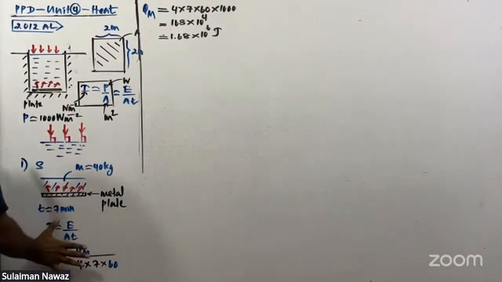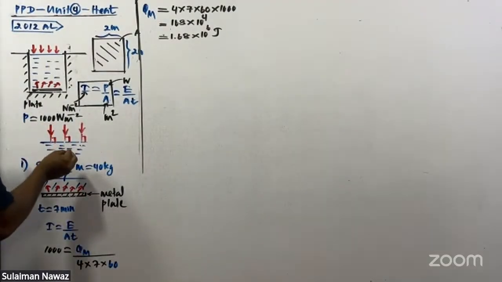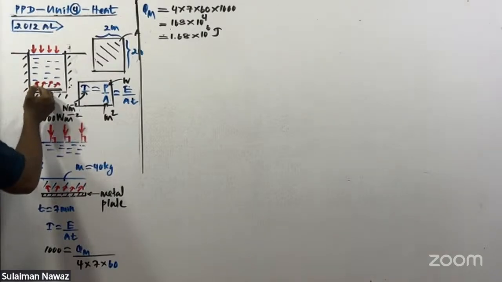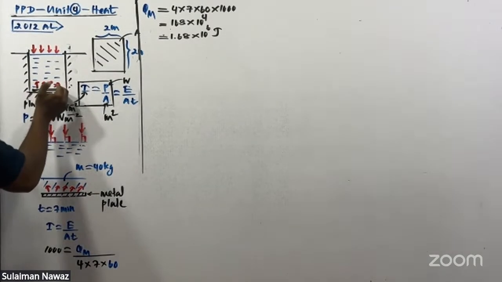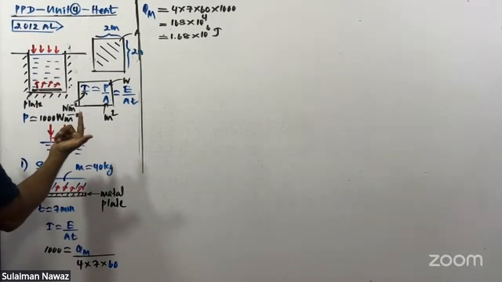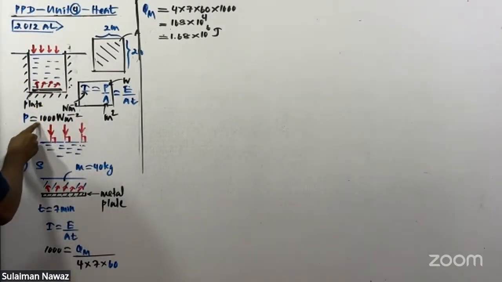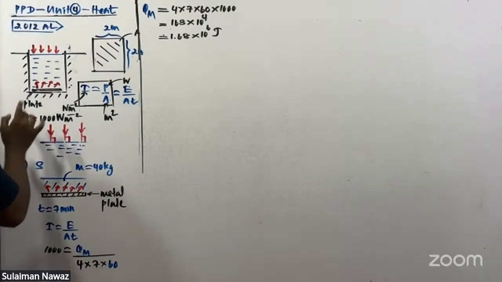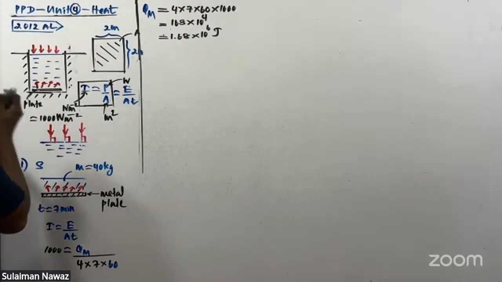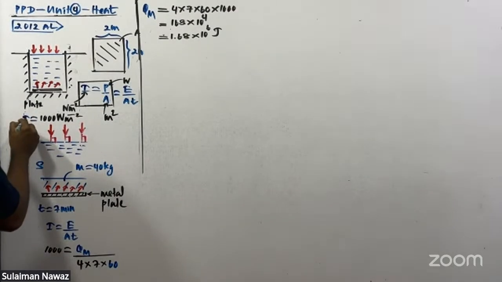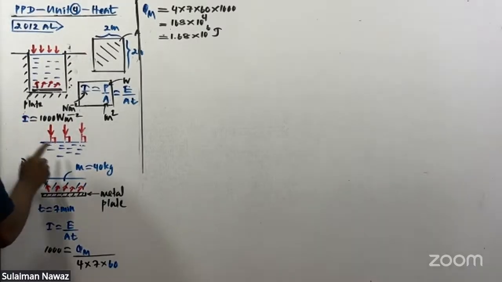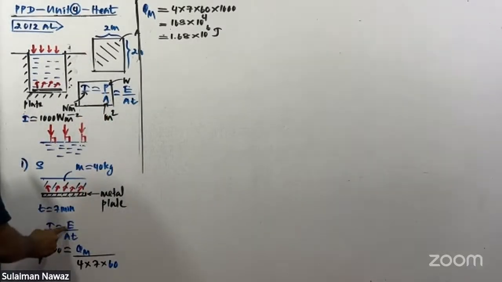What I have done is, within the 7-minute time period, I found the amount of heat absorbed by the metal plate. They have given the intensity. It's not power. Power over area means intensity. From this equation, I found the amount of heat energy absorbed by the metal plate within 7 minutes.